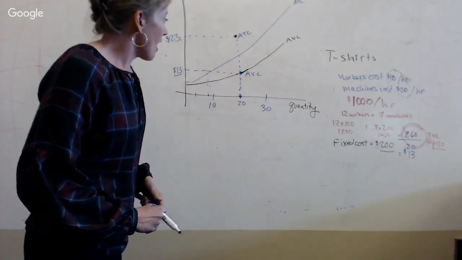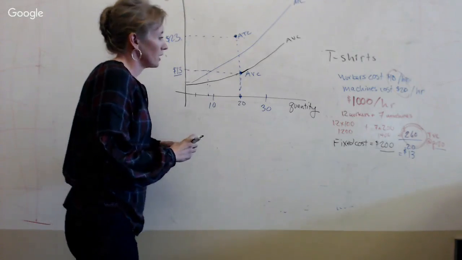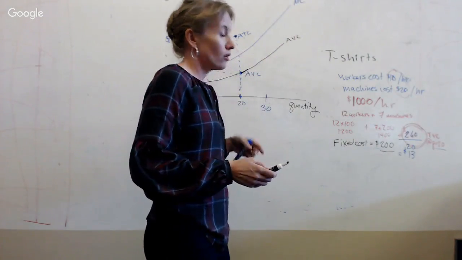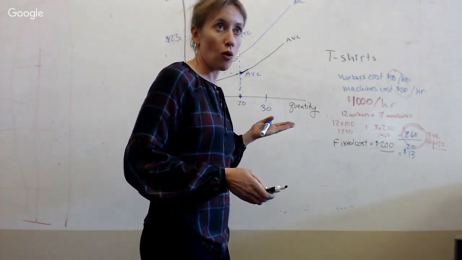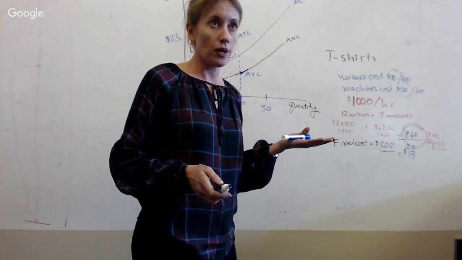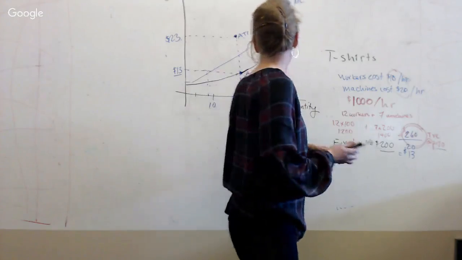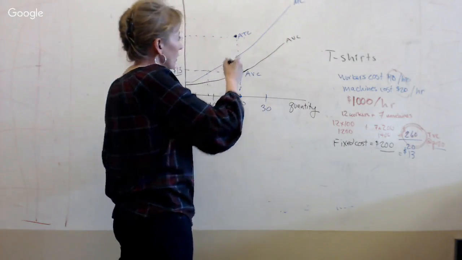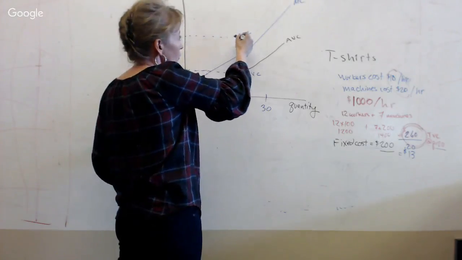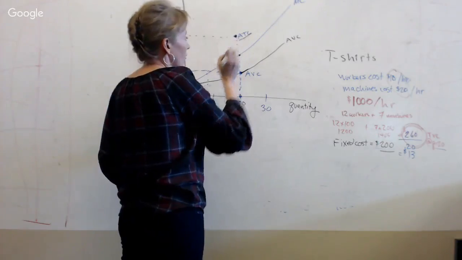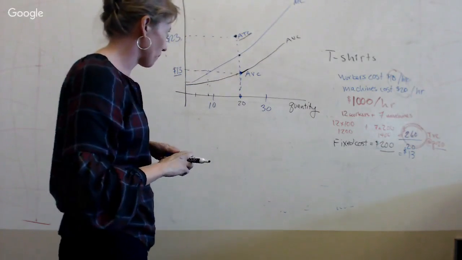Now, our average total costs are falling for some quantities of output and rising with others. And how do we know? Well, if our average total costs are greater than our marginal costs, let's think about what that means.